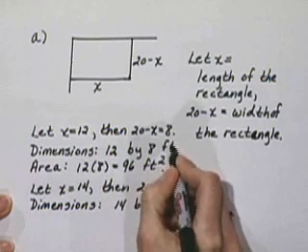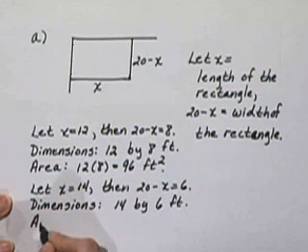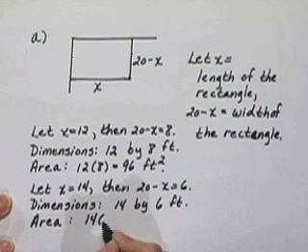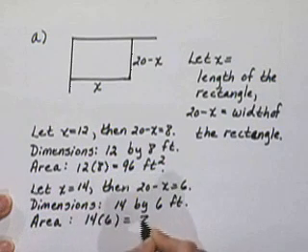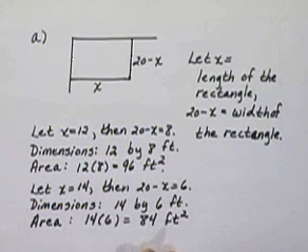Okay, we should put feet up there as well. So the area would be 14 times 6, or 84 square feet. Now we want to find the value of x that gives us the largest area.